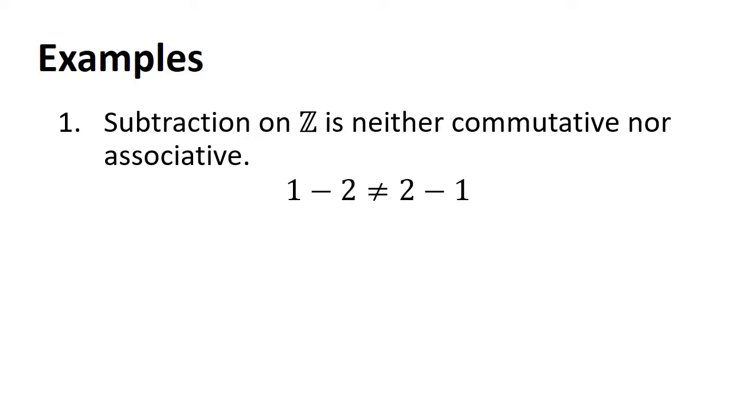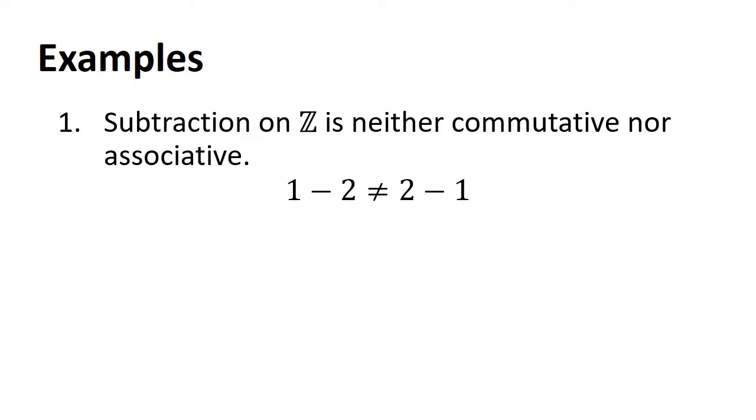Although both answers belong to the set of integers, they are not equal, and for a binary operation to be commutative they should be equal. So subtraction on integers is not commutative.